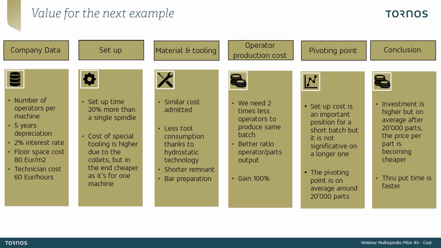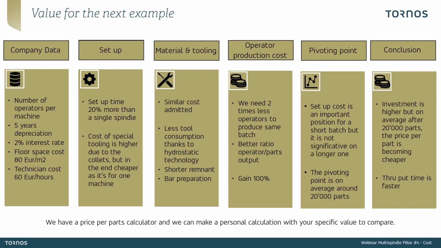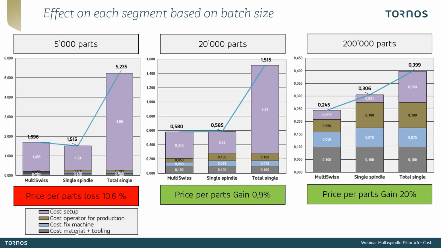So here to illustrate this, I took an example based on those parameters. You can see on the screen, with the same parameters, that means the machine is 4 times more expensive, but 4 times faster, same cost for the operator, same cost for the floor space.